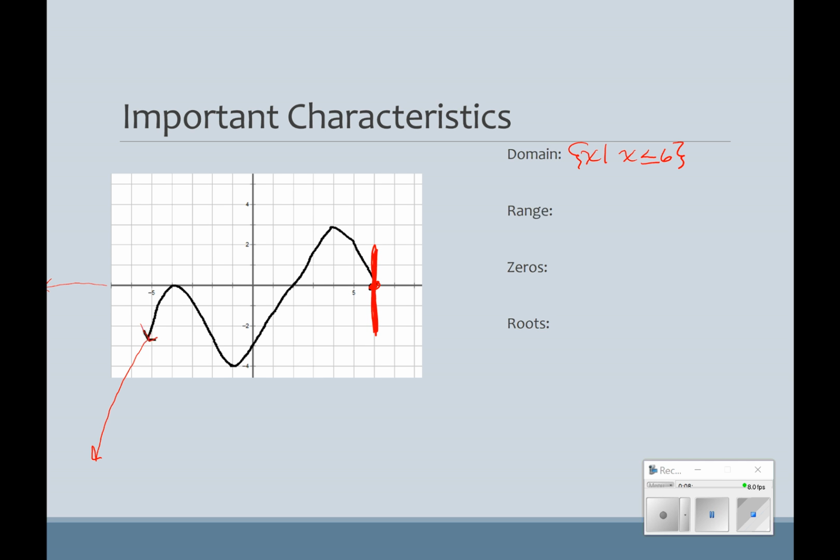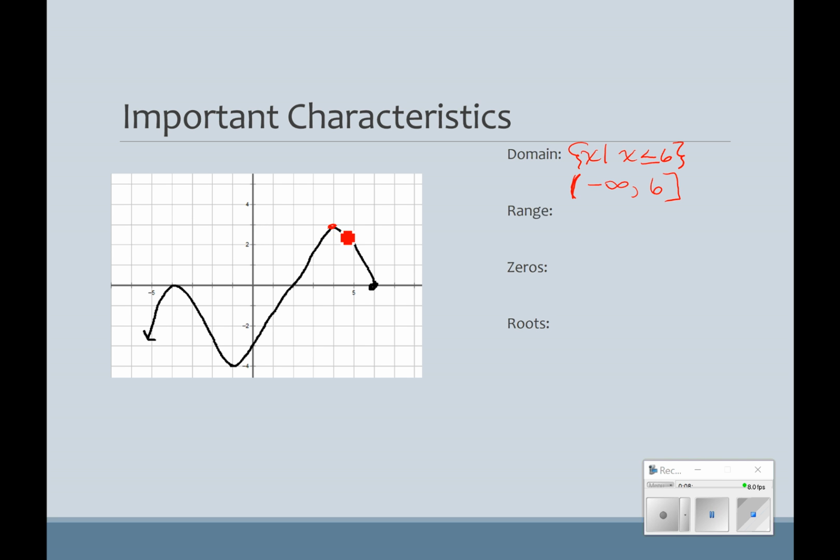In interval notation, remember I'm going to use, just like we did with inequalities, negative infinity to 6, and because 6 is included, we use that bracket. Okay. My range is my y values, so I got to find my largest y value, and my largest y value is there. I did sketch that in, so we're going to say that this is going to be 3.